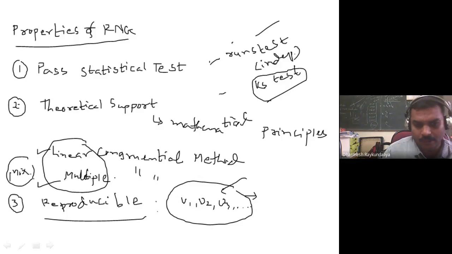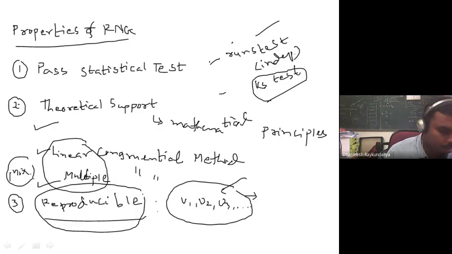or, you can say, with little use of memory. You don't want to store the entire stream. The generator should be such that after a certain time it helps you reproduce the sequence. That is based on the theoretical support. So the generator should be reproducible. Why is it important?